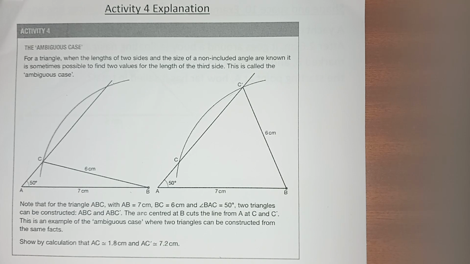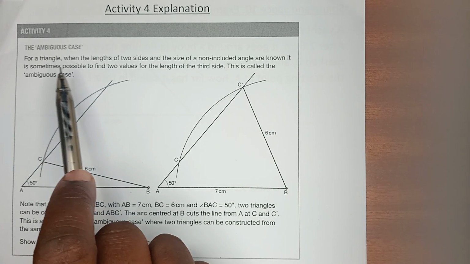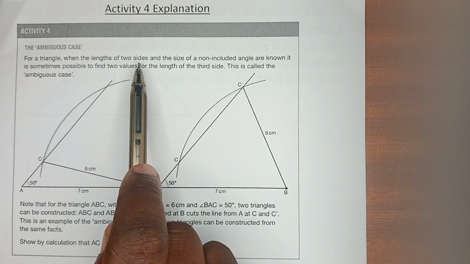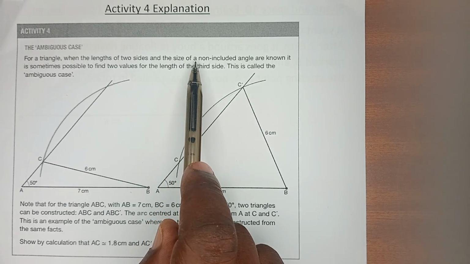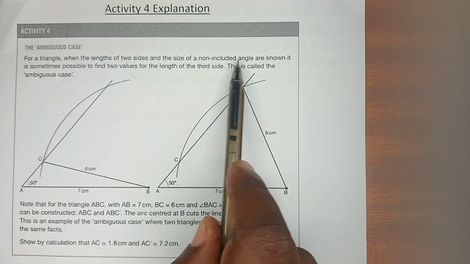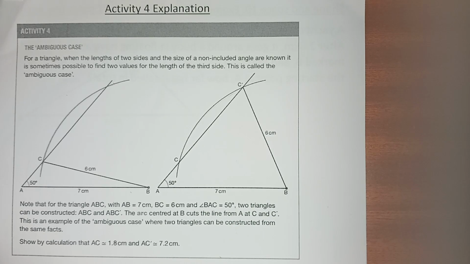For example, in this activity, we are having two triangles, as you can see there. For a triangle, when the length of two sides and the size of a non-included angle are known, we know two sides, and there is an angle which is not included in between the two sides.